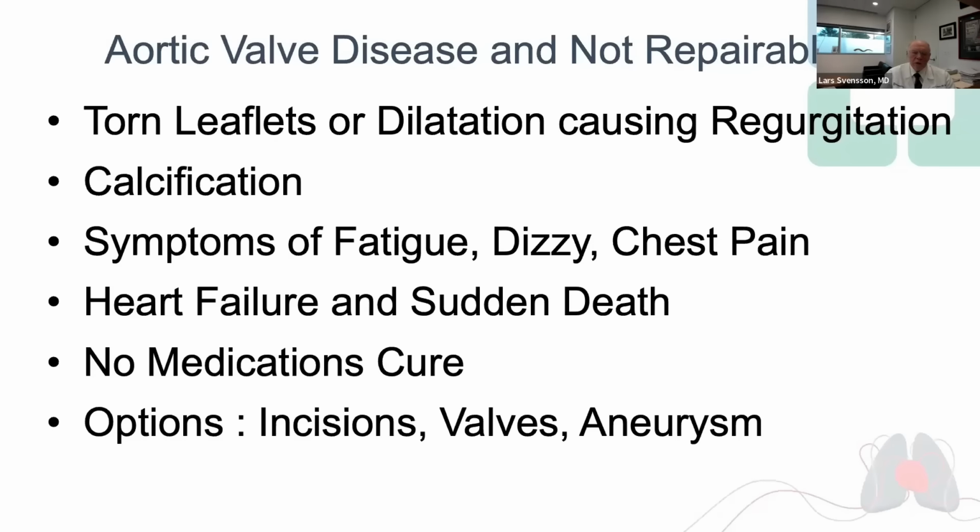Not as often sudden death, but that happens more with the stenotic valves, and that's about 1% per year. At this time, there's no medication that cures progression of aortic valve stenosis. We certainly can see some medications like lisinopril slowing down heart failure with regurgitation.